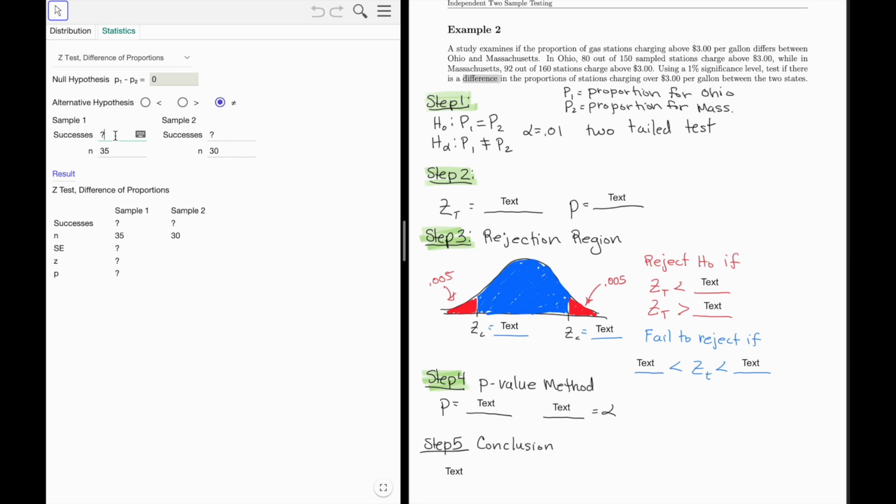In sample 1 for Ohio, we had 80 out of a total of 150 sampled. And then for Massachusetts, we had 92 out of a total of 160. So down here, we have the test statistic, which is negative 0.7377. I'm going to put that in here.